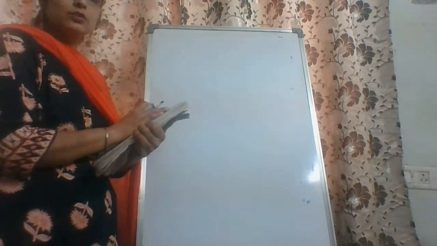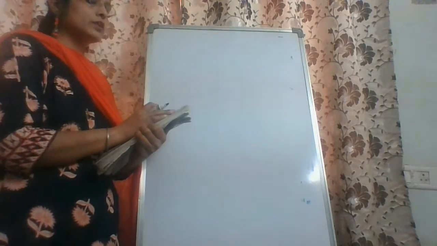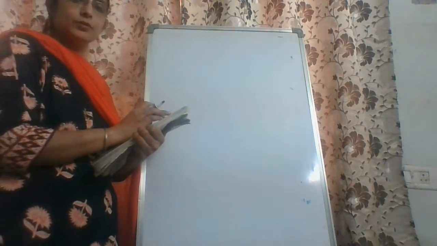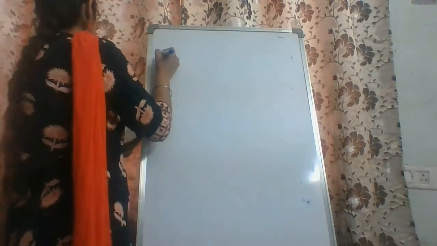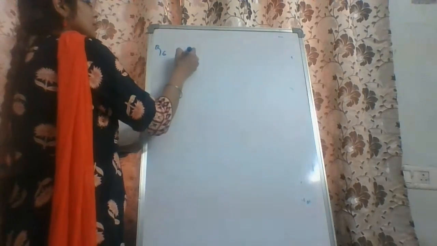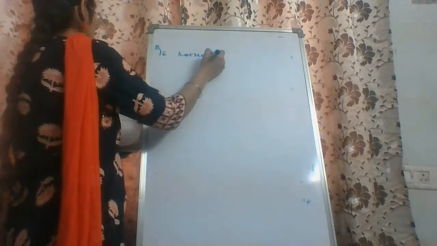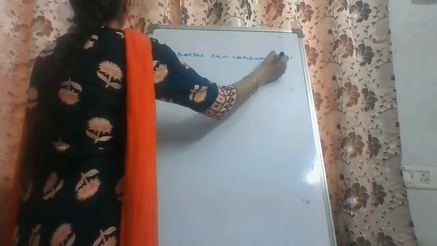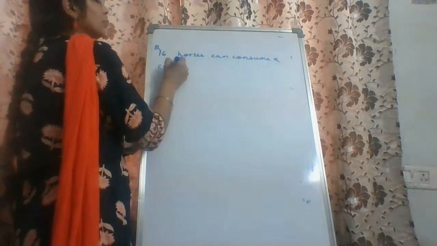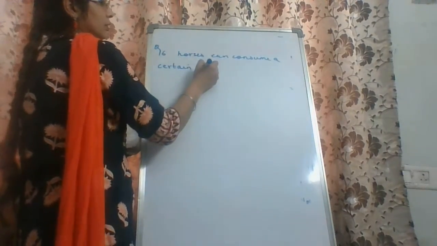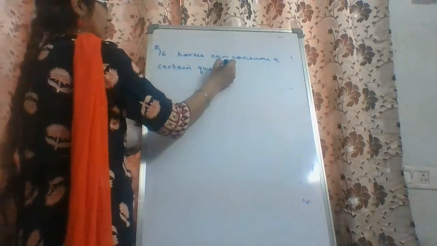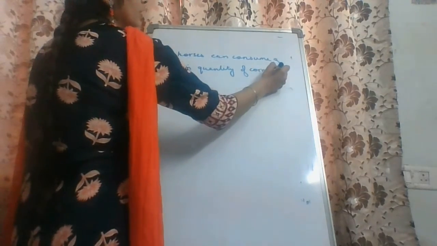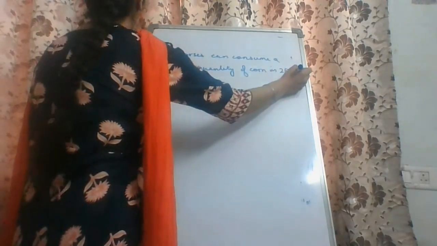16 horses can consume a certain quantity of corn in 25 days. In how many days would the same quantity be consumed by 40 horses? So, the question is: 16 horses can consume a certain quantity of corn in 25 days.